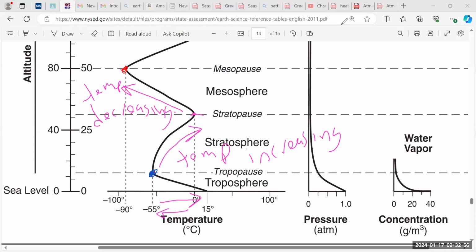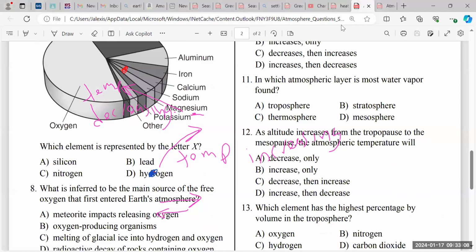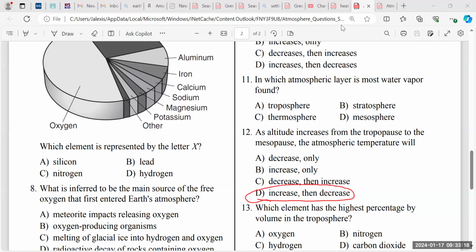So what answer shows me that the temperature is increasing first, and then once it gets to this point, it is decreasing? The temperature increases, then decreases. The one that shows that is choice D. And remember, if you're confused, you have the opportunity to rewind and replay it again and again.